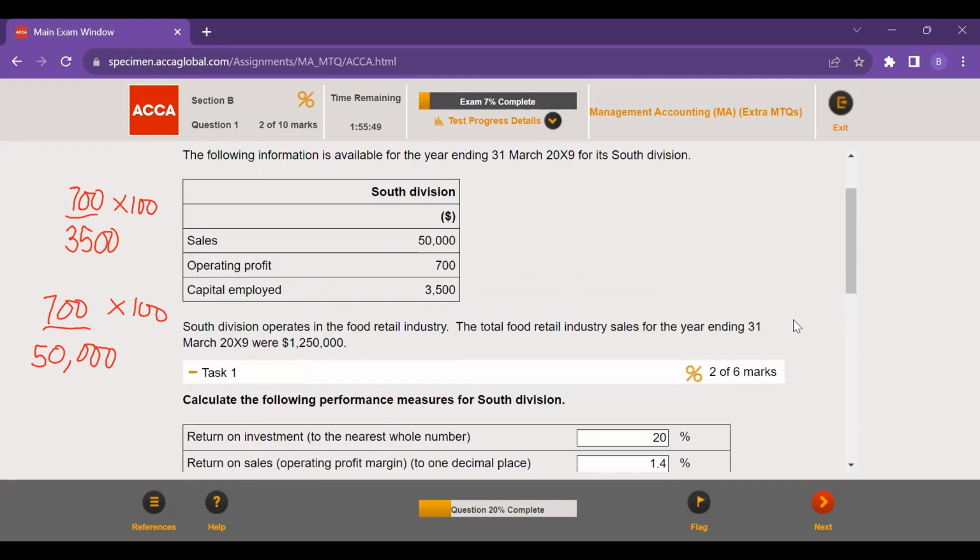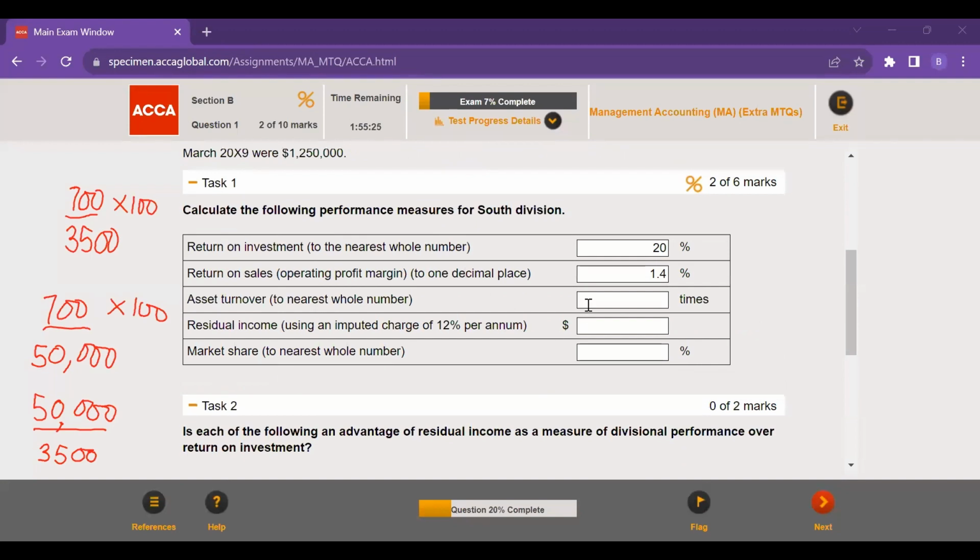Sales is 50,000, and our capital employed is 3,500. If I carry out this calculation on my calculator, I get an answer of 14, which is already a nearest whole number, so I do not have to round it up or down. I will just simply say 14 over here.